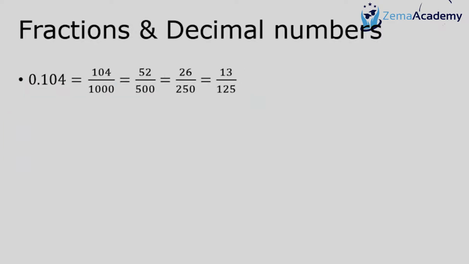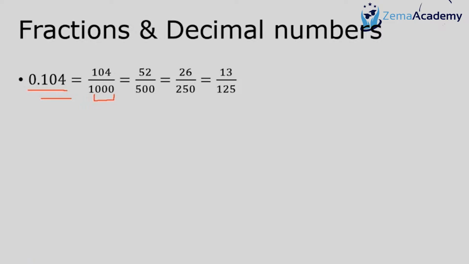Here's some other examples like that. So here I have 0.104. Because I have 3 decimal places beyond the decimal point, that tells me that this is 104 divided by 1,000. Same number of decimal places, same number of zeros after that one. That's the easiest way to remember that.